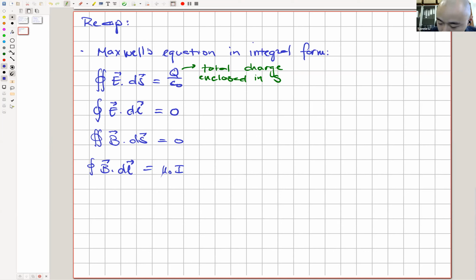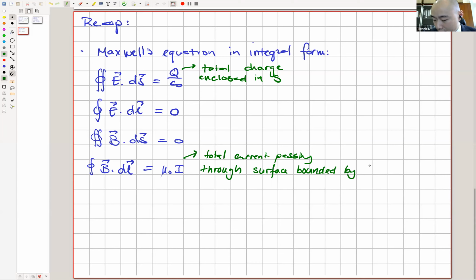I is just the total current passing through the surface bounded by C, here, S and C. Okay, so these are Maxwell's equations in integral form.